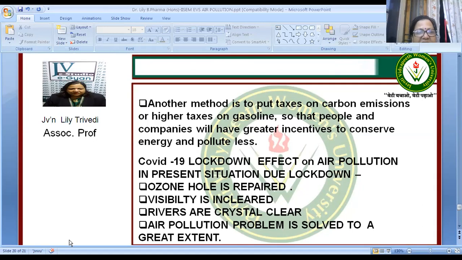Now, in the present scenario, as mentioned also, COVID-19, the coronavirus disaster has affected air pollution because of the lockdown.